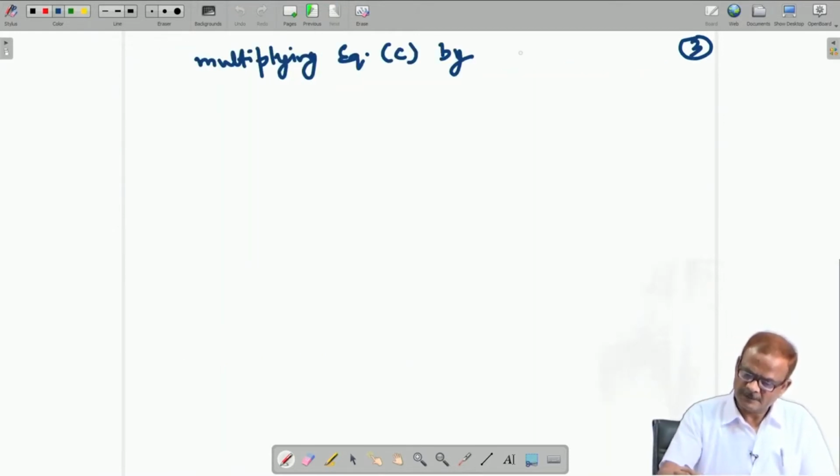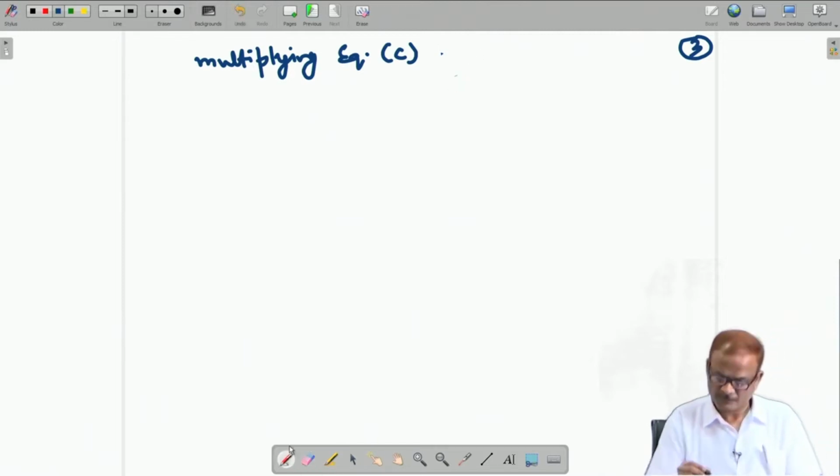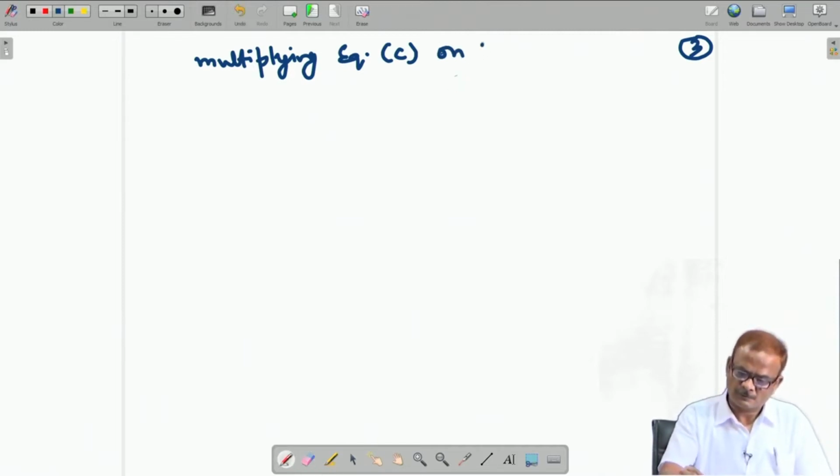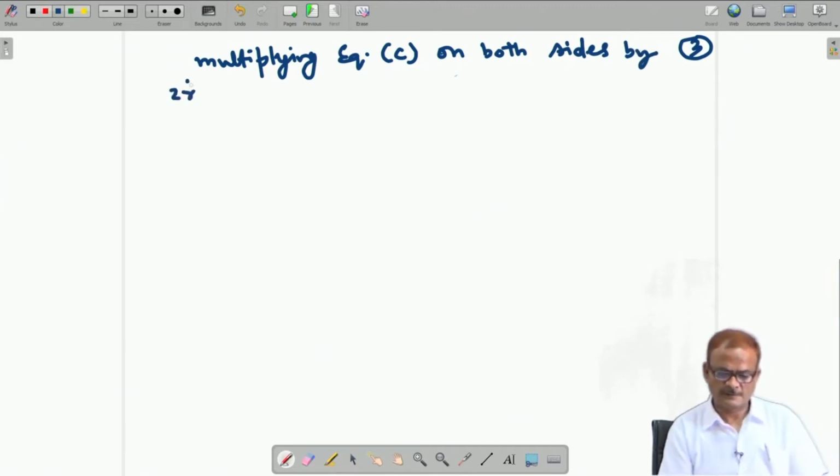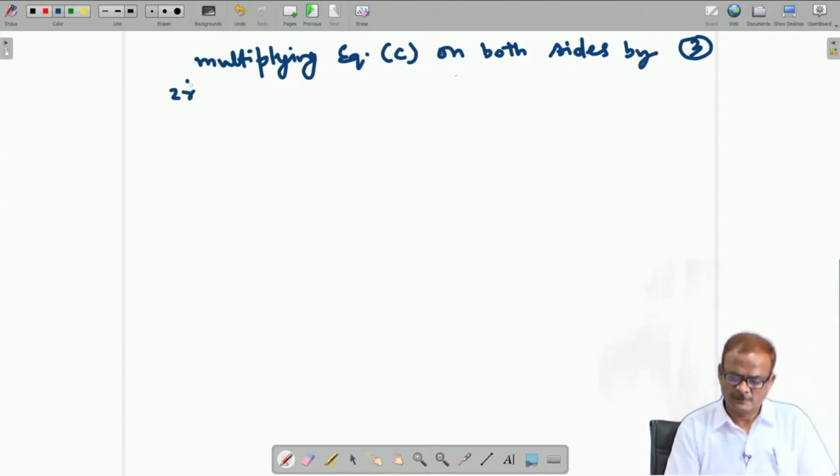So, multiplying equation C on both sides by 2 r dot. This technique you should remember.